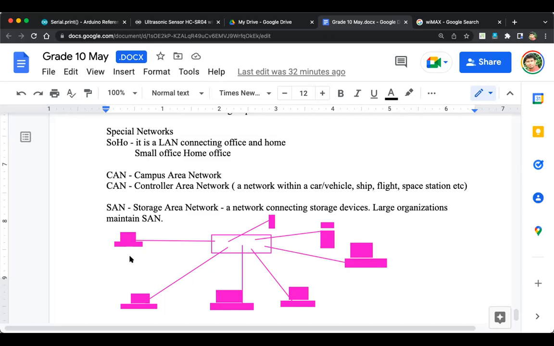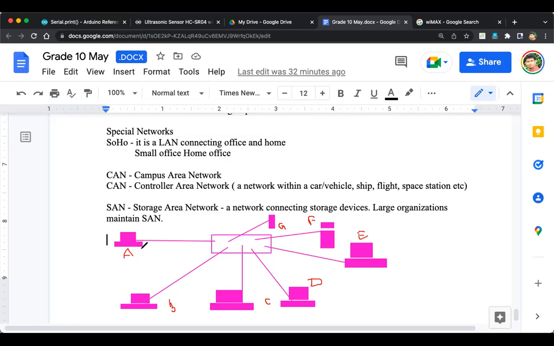So if this is a hub, let's say this is A, and this is B, C, D, E, F and G. These are the computers connected to this hub.